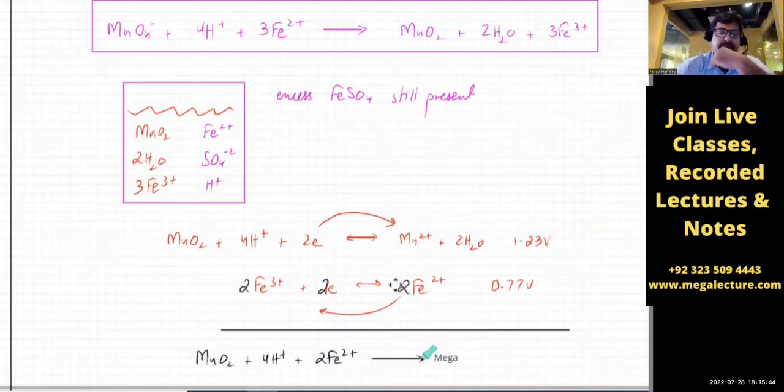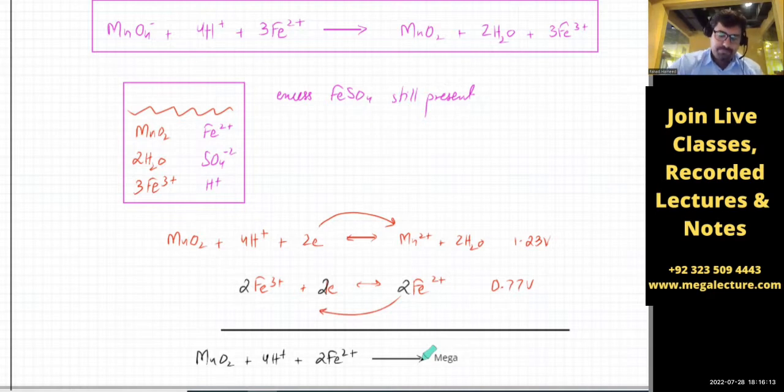Otherwise, because the number of electrons gained and lost must be equal. मैंने कहा था, I previously told you that nothing happens to the potential. The potential is the electrode. That is fixed. Whether you go backward, whether you go forward, that's a relative thing. It depends on the higher gains, the lower loses, right? So even if it goes backward, it's still 0.77. If it goes forward, it's still 0.77. If you multiply by 2, that's just for balancing, nothing else. Okay.